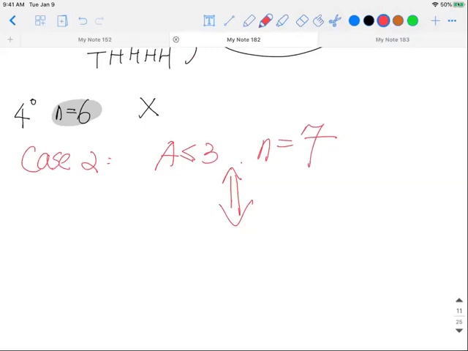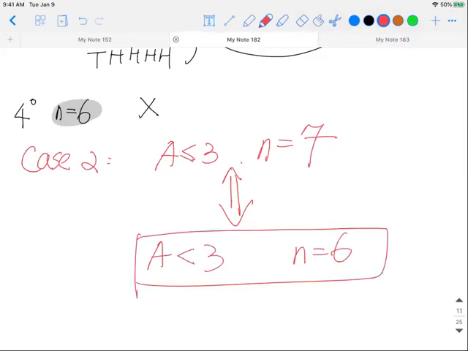Whenever n is equal to 7, you hit your upper limit, you just get a less than or equal to 3. That's actually identical to whenever n is equal to 6, you must have a less than 3. Is that right? If you already get n equals 6 and a equals 3, your game is over.